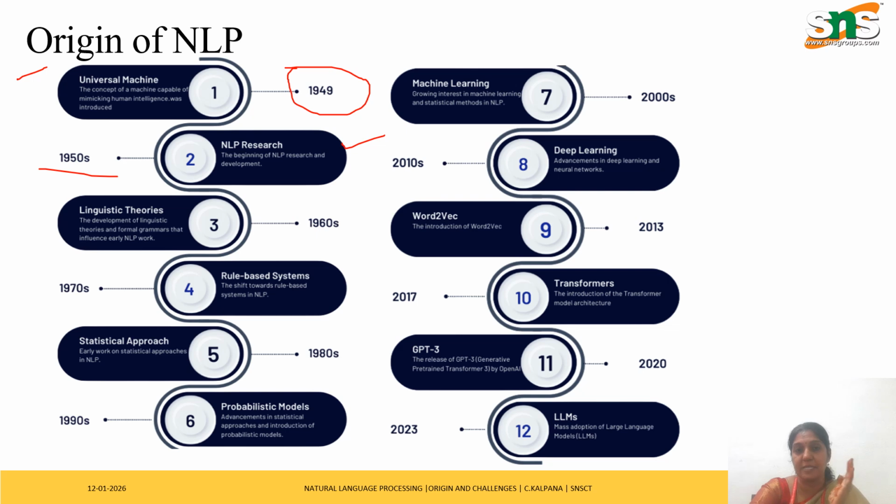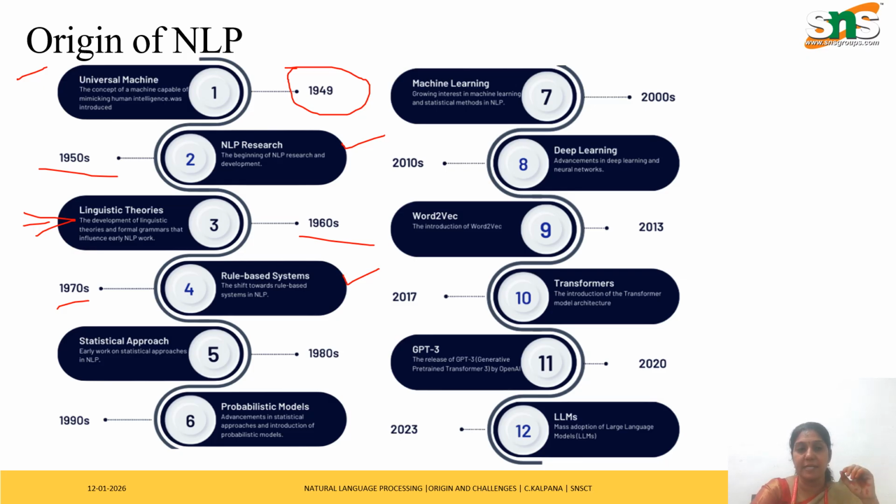In the 1960s, linguistic theories, that is grammar-based sentence formation and grammar-based checking, happened. In the 1970s, rule-based systems were developed, which means with the help of the linguistic theories, whether you are using English, Tamil or whatever the language, based on that grammar, rule-based systems were derived.